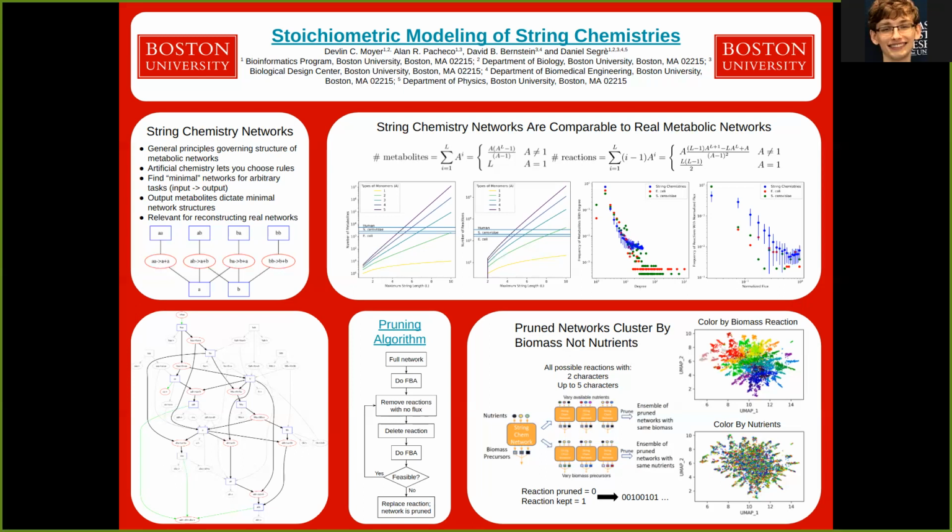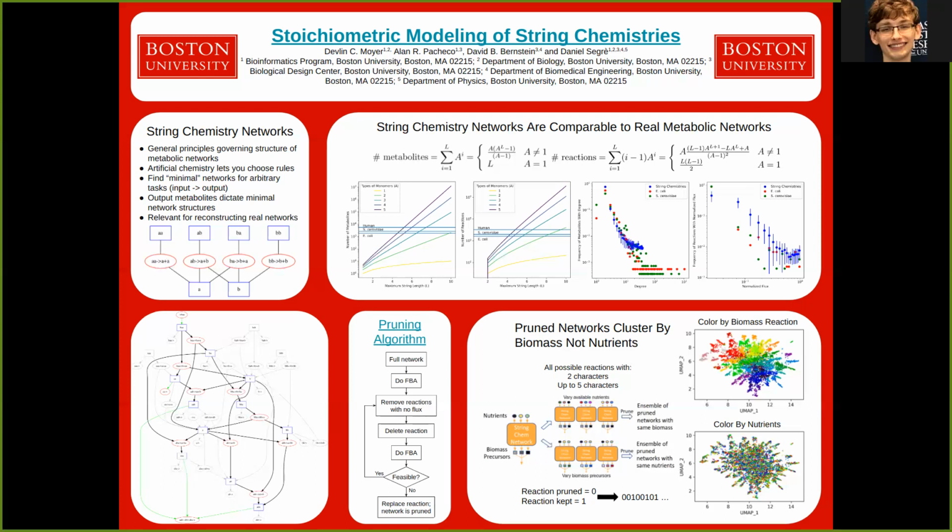So we can make up some arbitrary biomass reactions here that are objective functions that absorb random metabolites as a sink and don't produce anything, and maximize flux through those. We allow certain random metabolites in our string chemistry network to be absorbed from the environment, and we can perform FBA on our string chemistry networks.